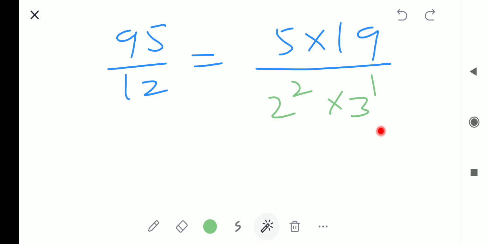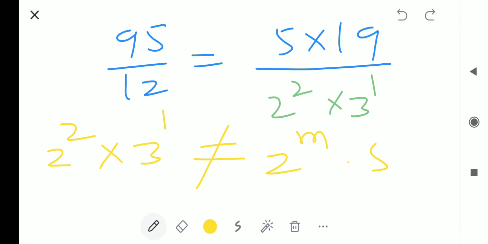The denominator is 2 to the power of 2 into 3 to the power of 1. Is it in the form of 2 to the power of m into 5 to the power of n? No. That's why I wrote not equal to. So 2 to the power of 2 into 3 to the power of 1 is not equal to 2 to the power of m into 5 to the power of n.